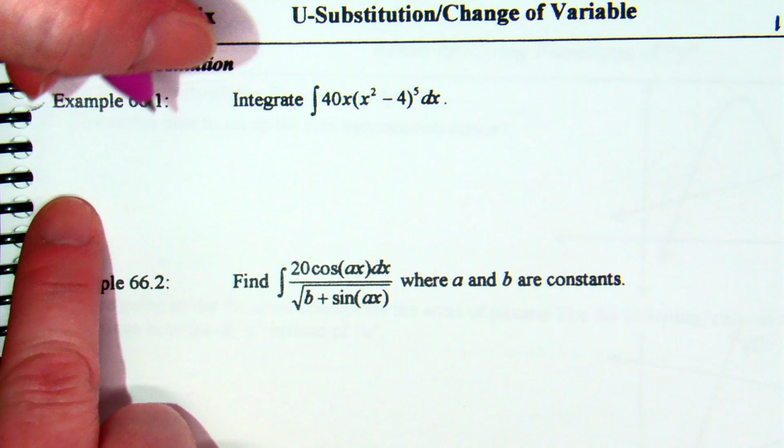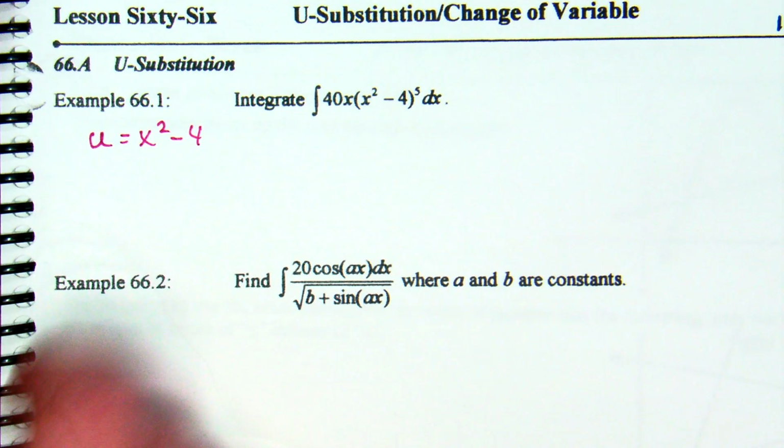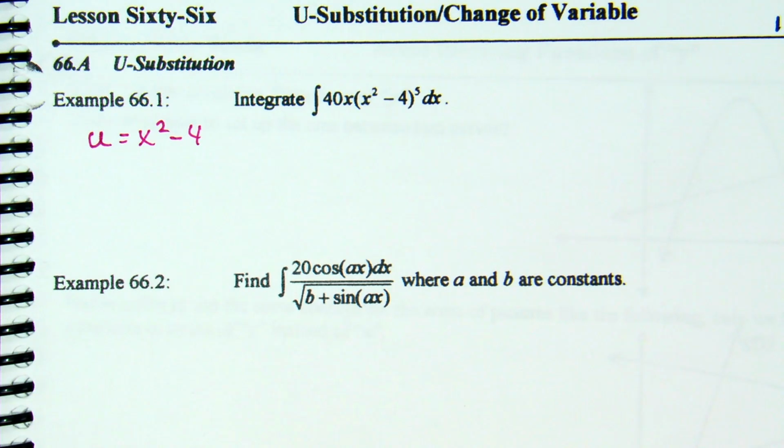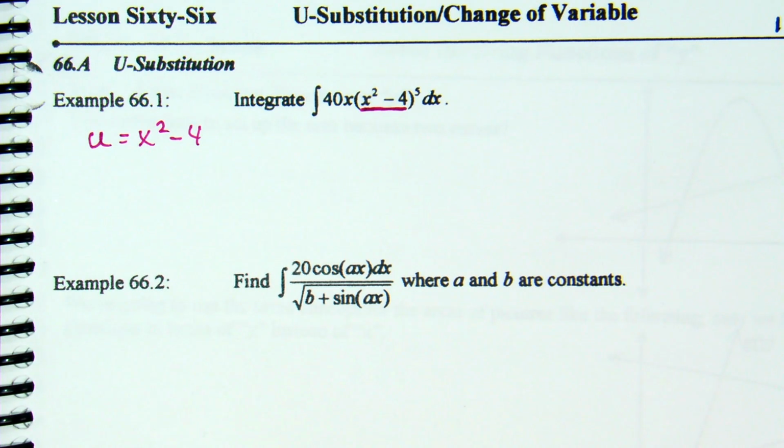So I'm going to talk about use substitution. I'm going to use u as x squared minus 4. And I picked this because this was the inside piece. Basically, the inside piece is going to mess everything up with chain rule, right? Now, while we're here, let's go ahead and take the derivative of that.